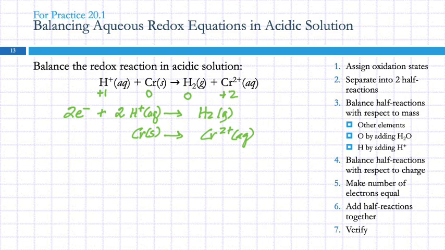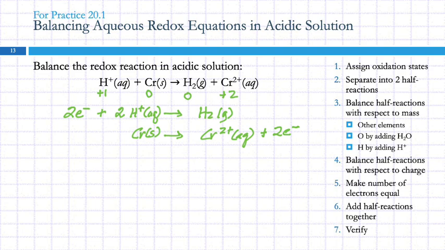How many electrons do we need for the second half reaction? 2. And are they going to go on the right or the left? On the right, because we have +2 charge over here. So make the number of electrons equal. Cool, we already did that.